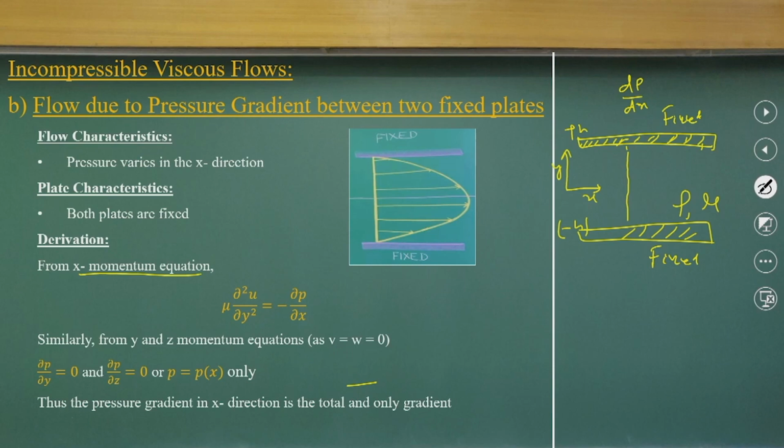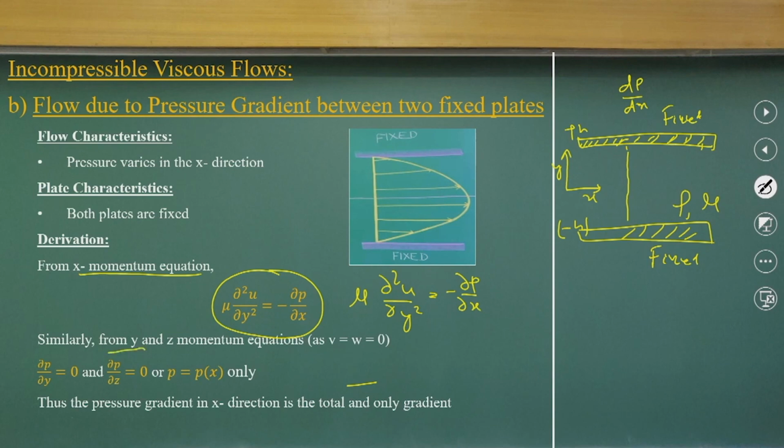The same way, I will get mu del square u by del y square is equal to minus grad p by grad x. This is the x momentum equation.